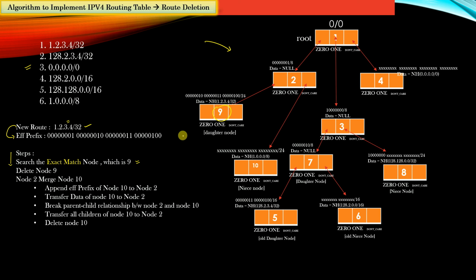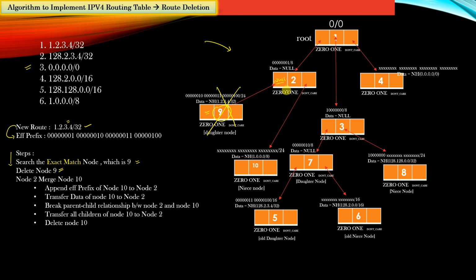After having located such a node, simply delete that node. So the node number 9 is deleted straight away. Obviously, in the parent node you will adjust the pointer value to point to null because the child has been deleted. Now you can see that the node number 2 is a half node.